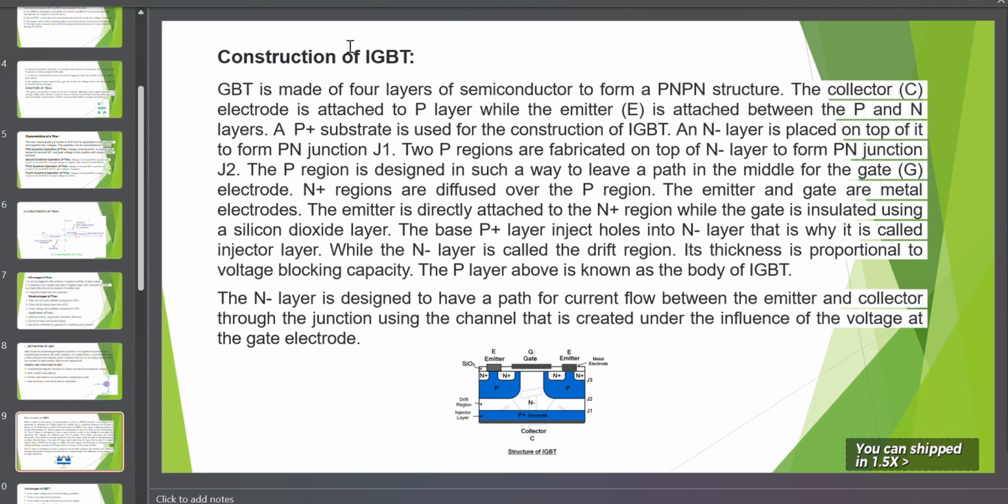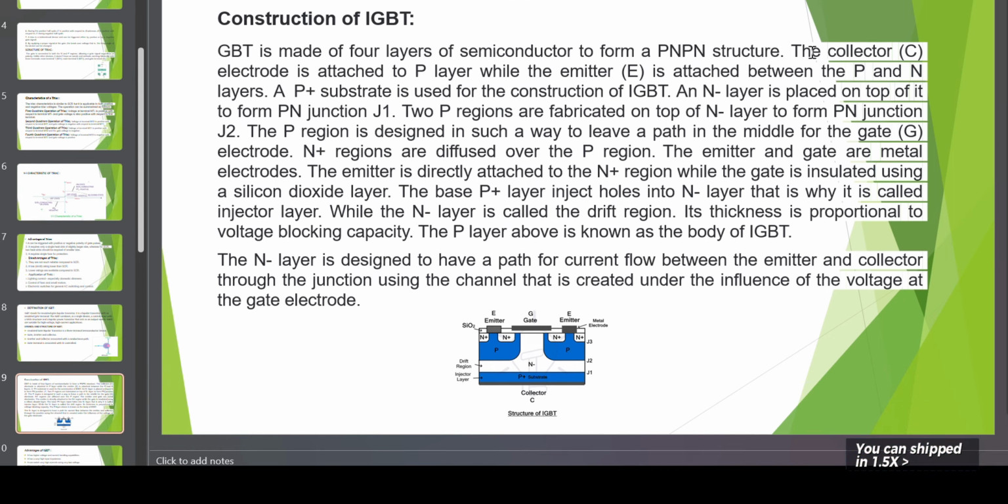Construction of IGBT. IGBT is made of four layers of semiconductor forming a PNPN structure. The collector C electrode is attached to the P layer, while the emitter E is attached between P and N layer.